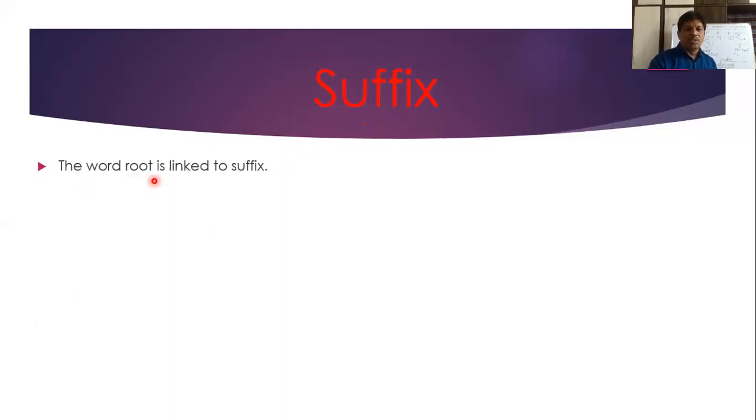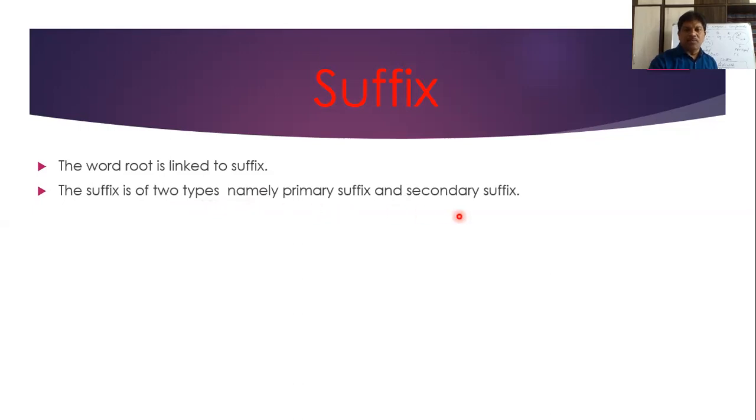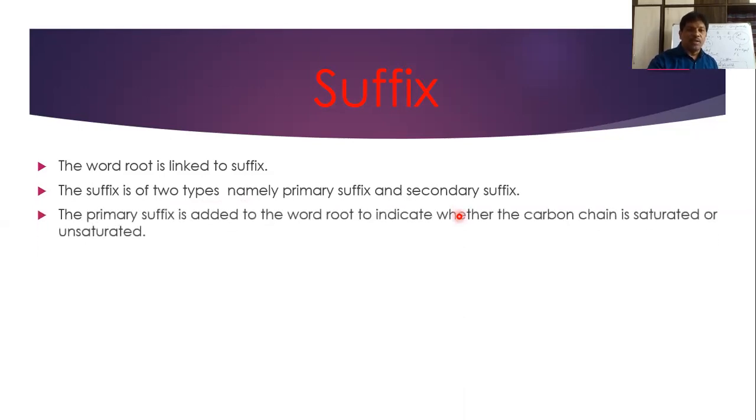The word root is linked to the suffix, and the suffix is of two types, primary suffix, or 1 degree suffix, and secondary suffix, or 2 degree suffix. The primary suffix is added to the word root to indicate whether the carbon chain is saturated or unsaturated.